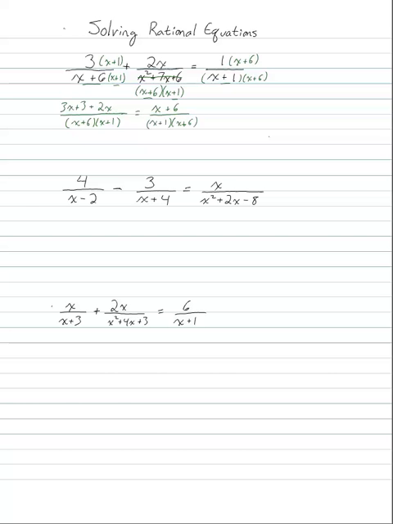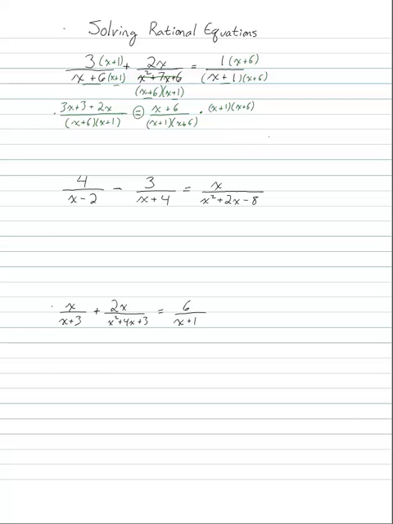So now, basically I can just clear my denominators. I see I have an equation, right? So since I have an equation, I can do anything as long as I do it to both sides of the equation. So I'm going to multiply both sides of the equation by x plus 1, x plus 6.